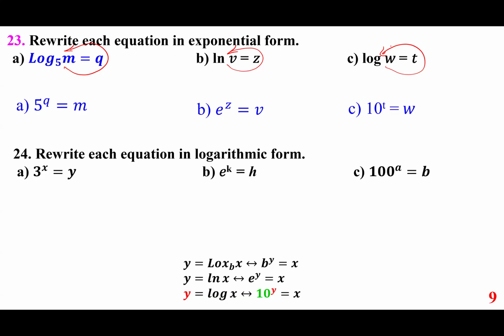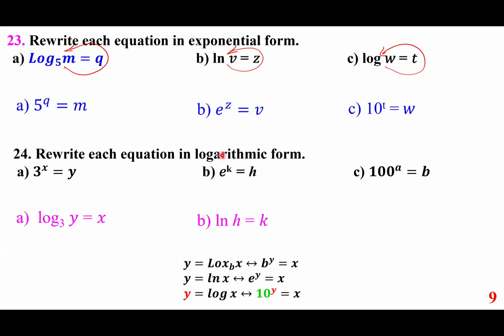Rewrite each equation in logarithmic form. 3 to the power of x is y. That means log of y with base 3 must be x. E to the power of k is h. That means ln h must be k.